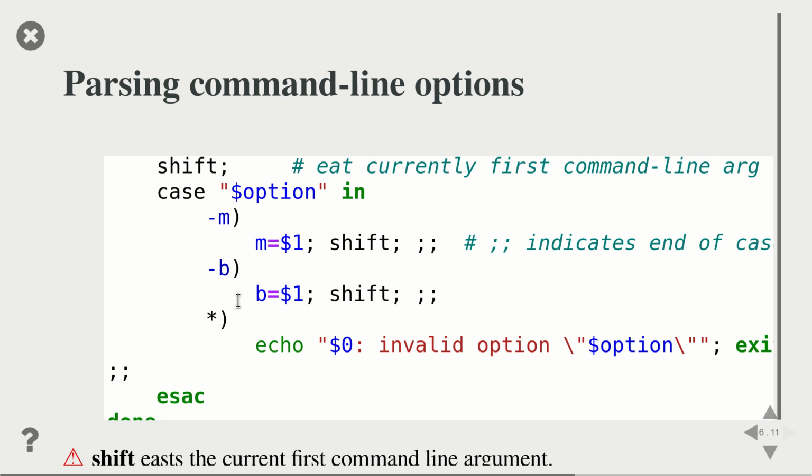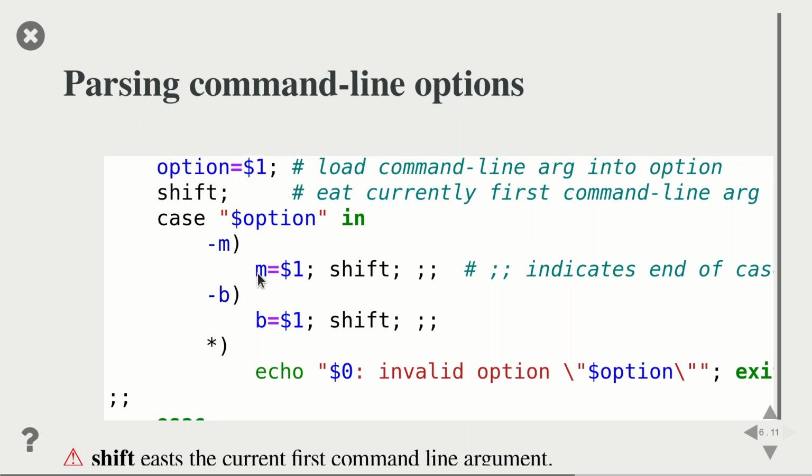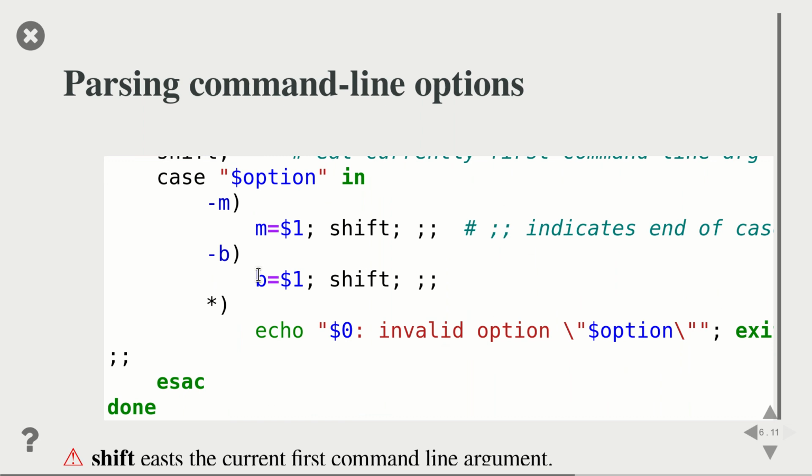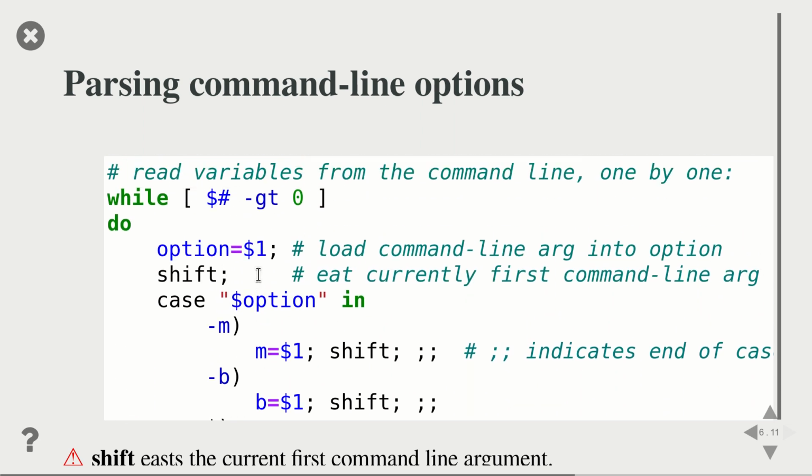Then m would be 12, and b would be 18. And in the other case, if you provide -x or something else, then you just put an error message and exit. So this is a structure that you will find quite often in shell scripts for handling these command line arguments.